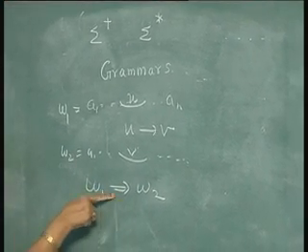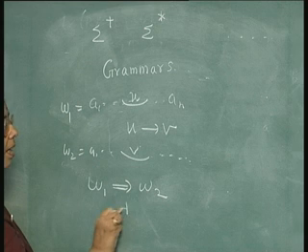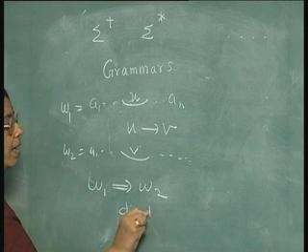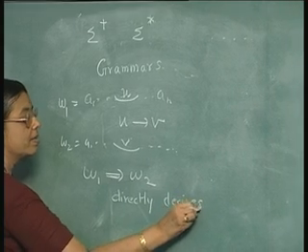This represents a relation between strings, and this is called directly derives.